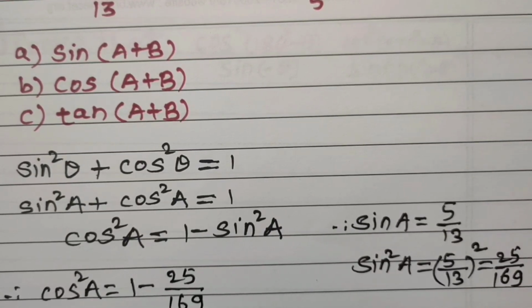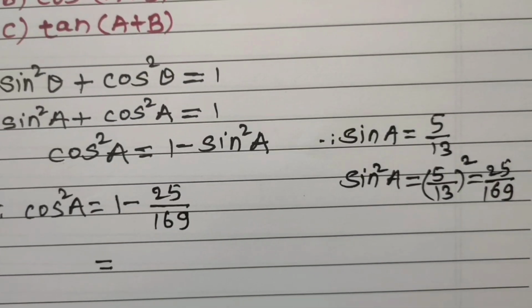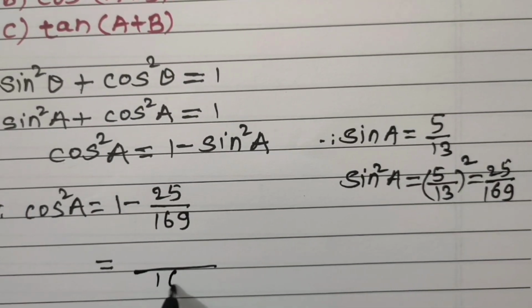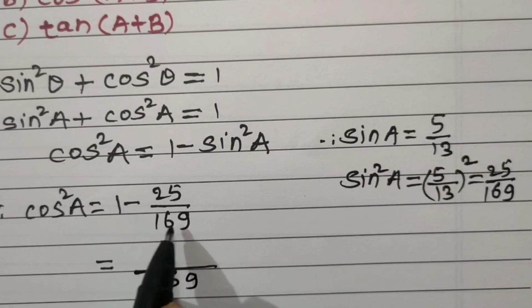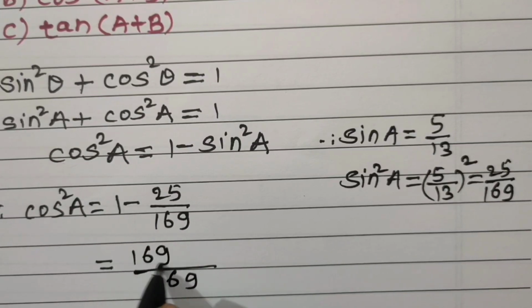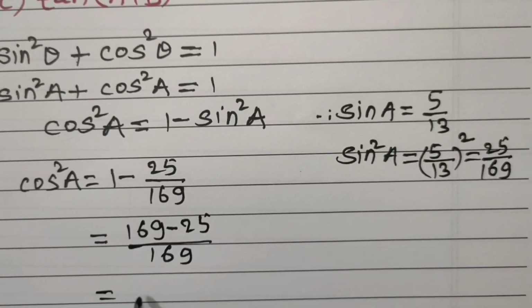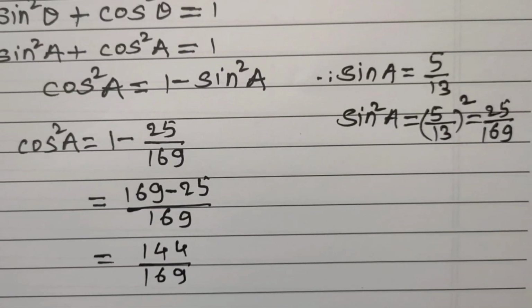After simplification on the right hand side, we get denominator 169, 1 into 169 minus 25, which is equal to 144 divided by 169.